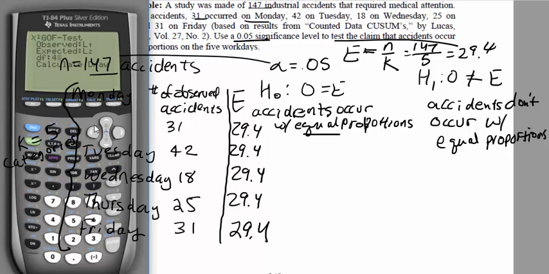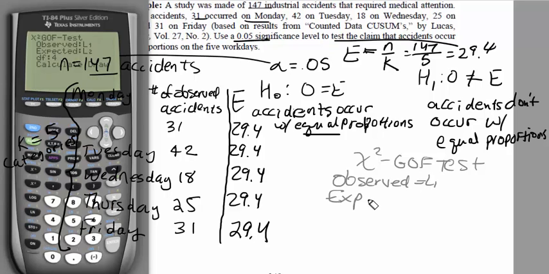So let me write all of that down for you. We're going to use the chi-squared GOF test, and the observed is going to be L1, and the expected is going to be L2, and the degrees of freedom k minus 1 or 5 minus 1 is 4. And then I'm going to calculate that.